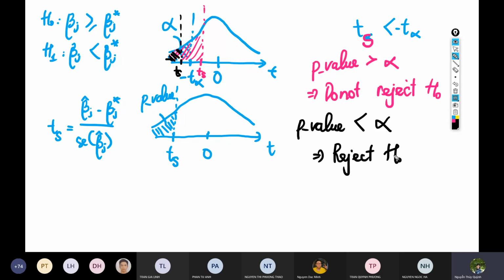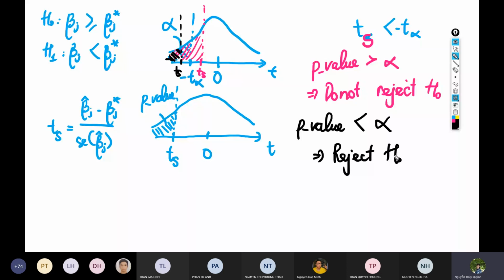The difference here is the way we define the p-value for each test. Each test has its own way to define the p-value. You have to find the p-value associated with the observed value of T for each test.